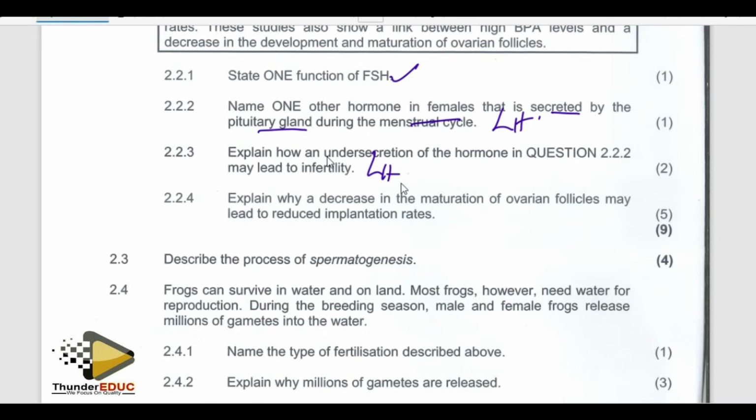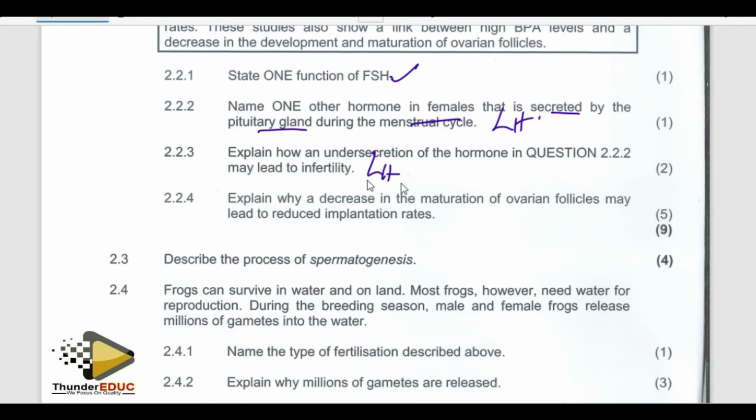So it means that explaining how the under secretion of this hormone, meaning that you have the hormone, but it's low. It means that there will be low chances of the ovum being released, or there will be low chances of the ovum being triggered to be released, then it will be low chances of fertilization.